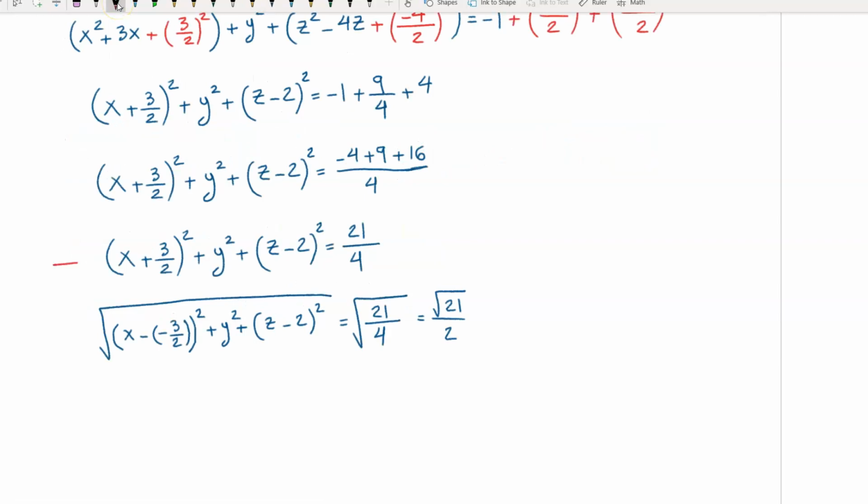Now next part, based on what I have here, I'm trying to find center and radius. So square root of x plus 3 over 2 squared plus y squared plus z minus 2 squared. So square root of what we have on left side equal to square root of what we have on right side. So on this part, I'm trying to have x minus x naught and y minus y naught, z minus z naught to be able to find what we have for center.